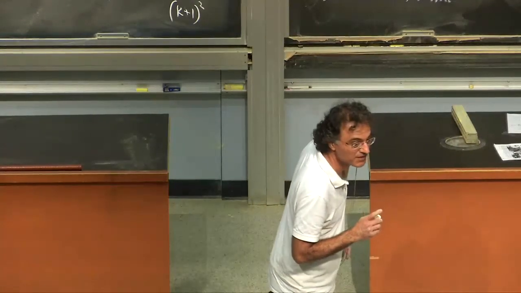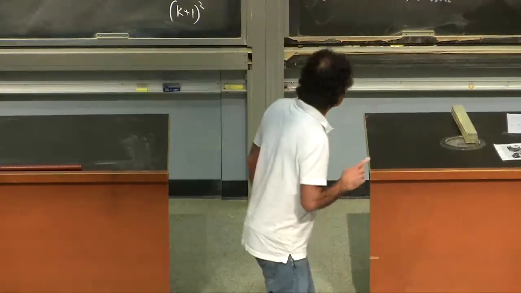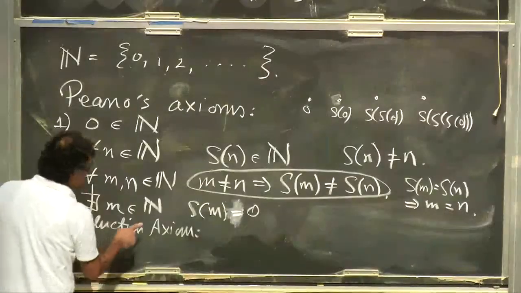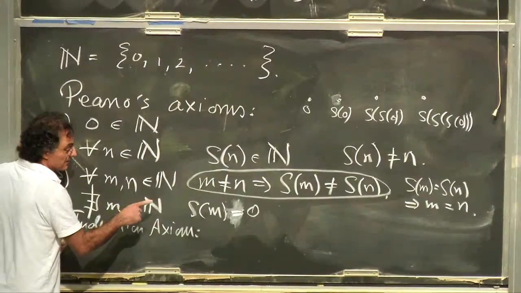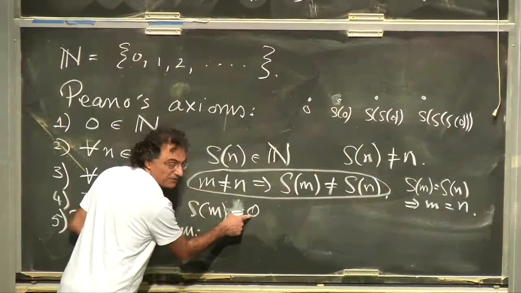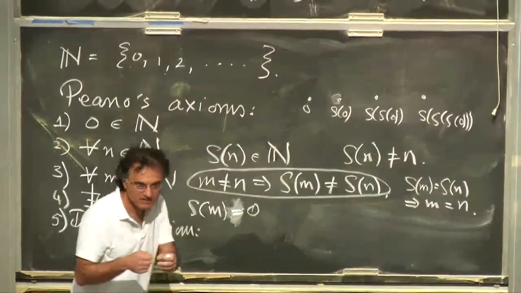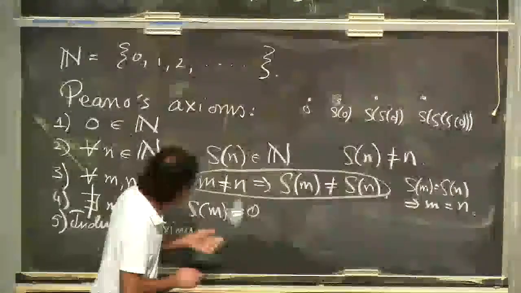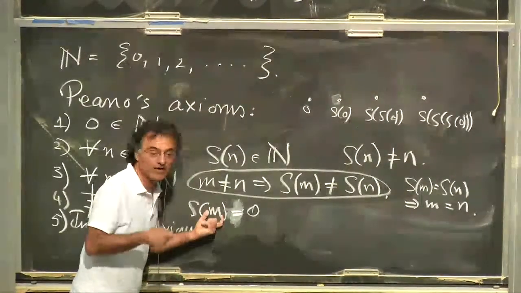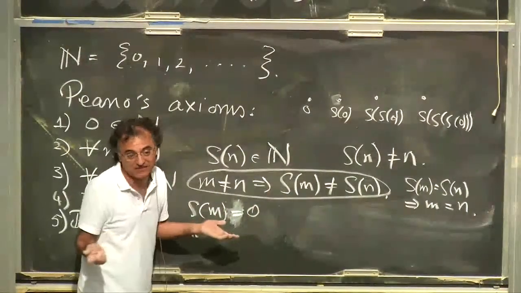I don't understand what you mean. No, this is saying there cannot be any natural number whose successor is 0. Successor means, it's saying there's no natural number such that when you add 1 to it, you get 0. Right? Because that's minus 1. It's not a natural number.